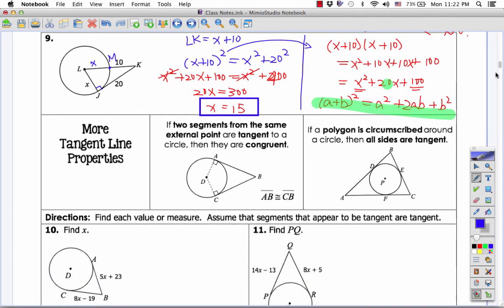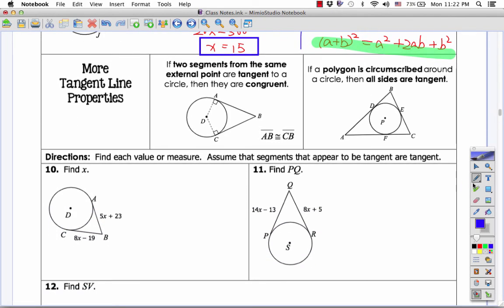So let's look at some other properties. I just want you to know that this is called the ice cream cone property, or ice cream cone theory. What that says is that if two segments like AB and CB from the same external point B are tangent to a circle, then these two lines are congruent.